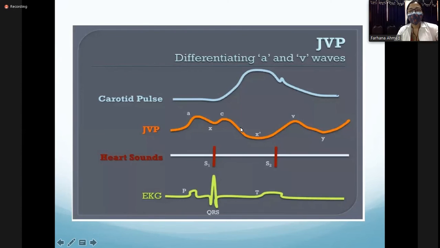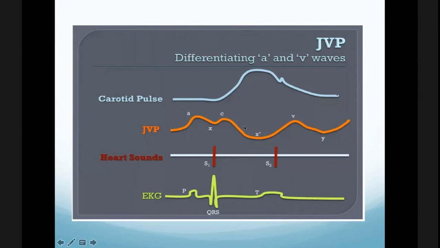Now, how can you recognize clinically whether it is A wave or V wave? If you do simultaneous palpation of the carotid pulse, or if you hear the heart sound, for clinical correlation we need to examine simultaneously with the recording in progress the carotid pulsation or heart sound.